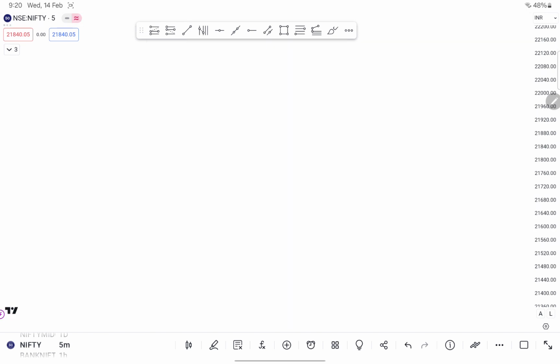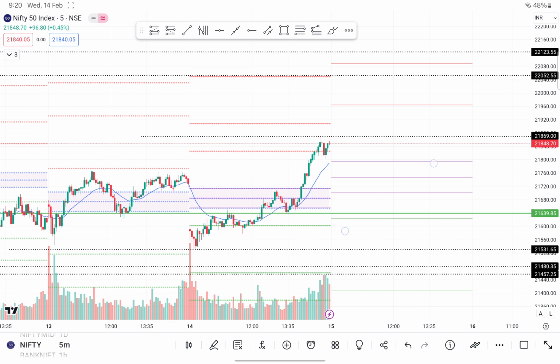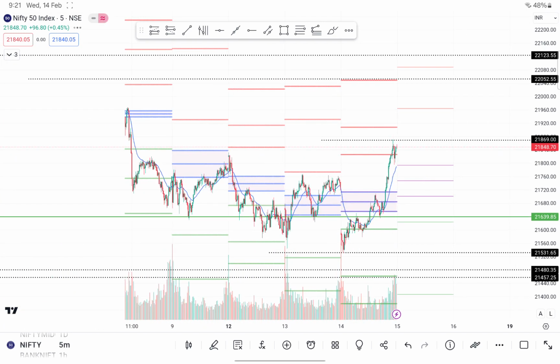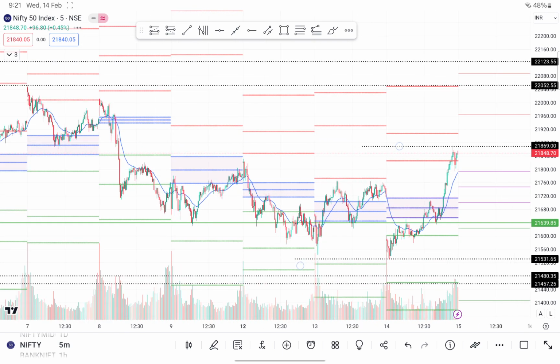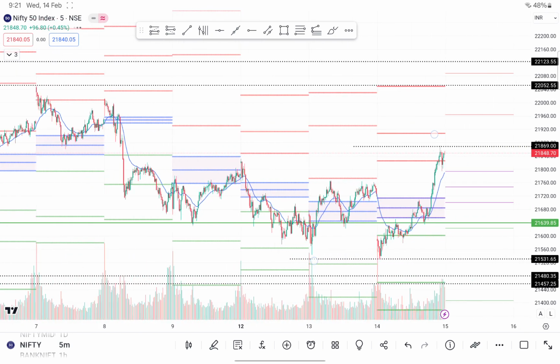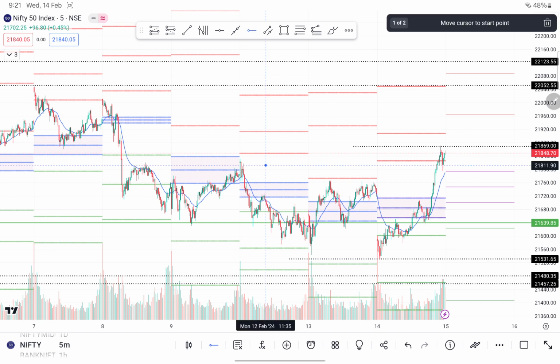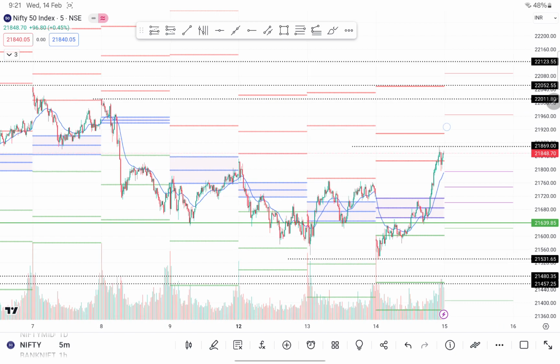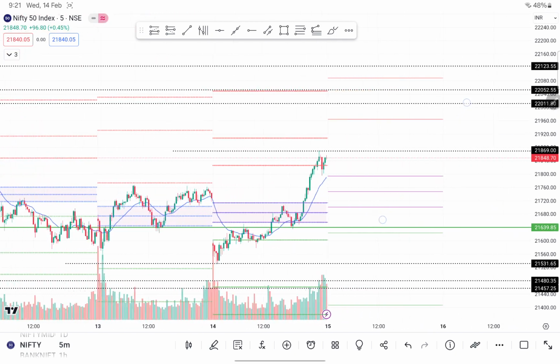I think tomorrow is going to be another volatile day, and we should be trading carefully with proper stop losses. Even if stop losses are kept, I think it will easily take them. So better we note down all the supply zones and then only take trades accordingly.